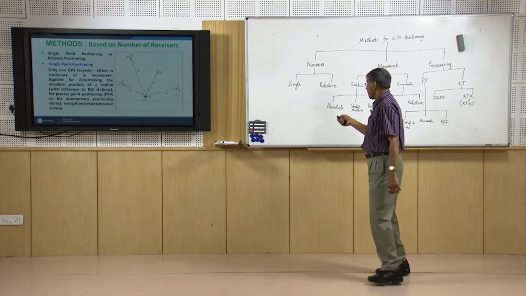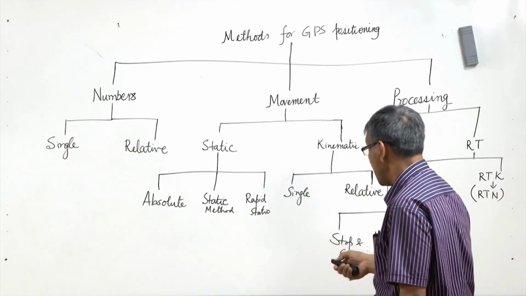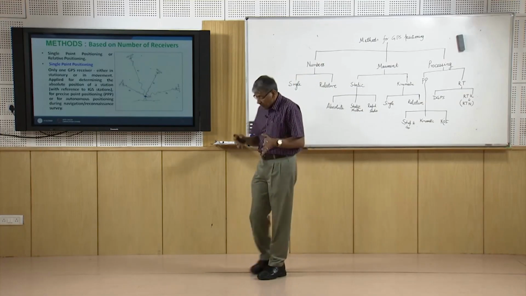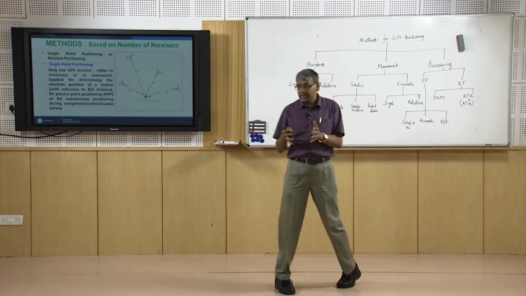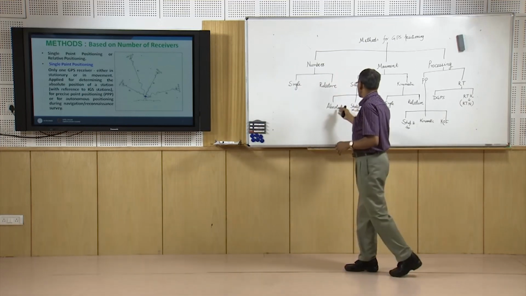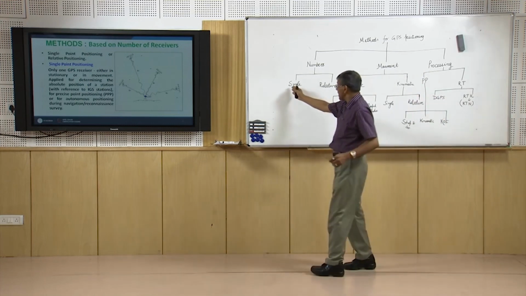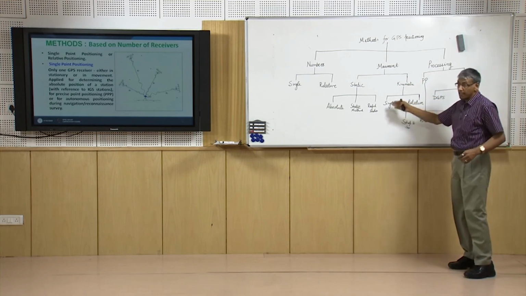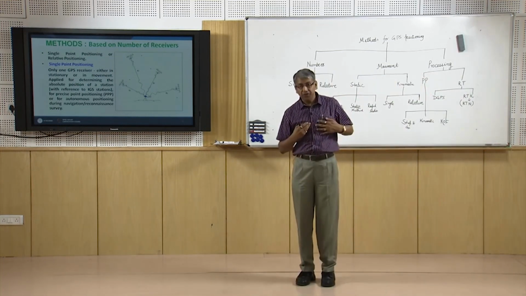So we can say that the single receiver may be in a static condition, that is called absolute static surveying, and if the single receiver is in kinematic condition, then it is called autonomous GPS surveying.